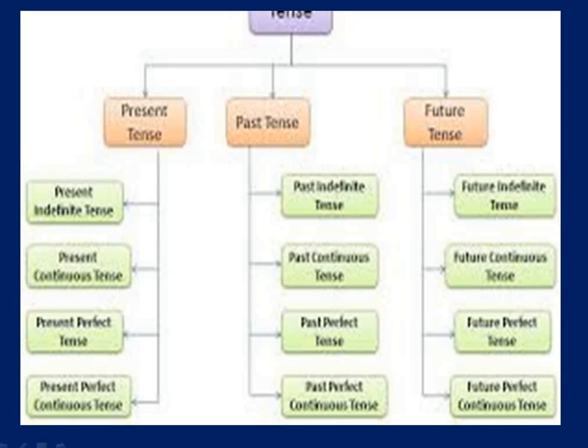Now, if I talk about future tense, if I take the example of future indefinite tense or simple future tense, what will we say? It is used to say what we believe or think will happen in future. It's a prediction type.